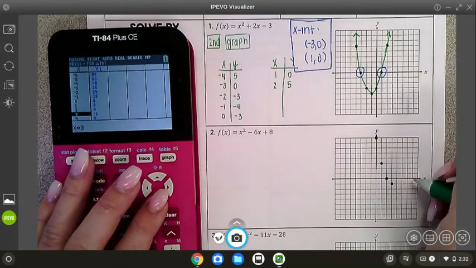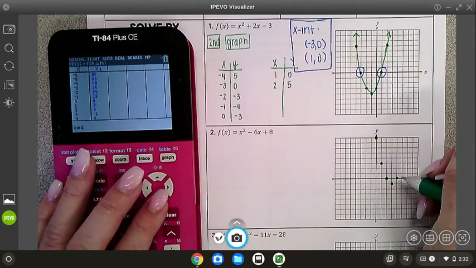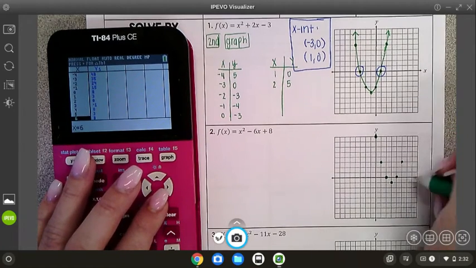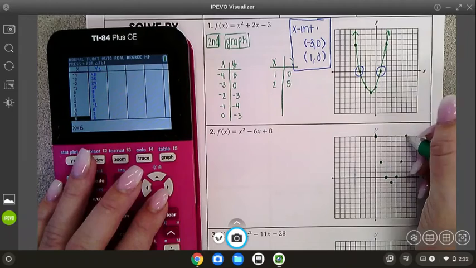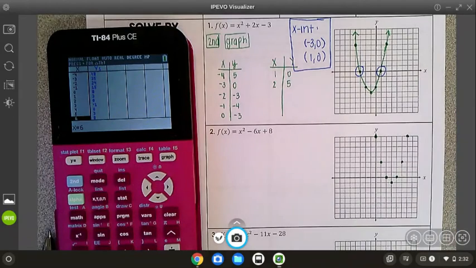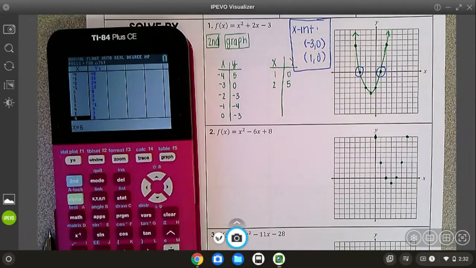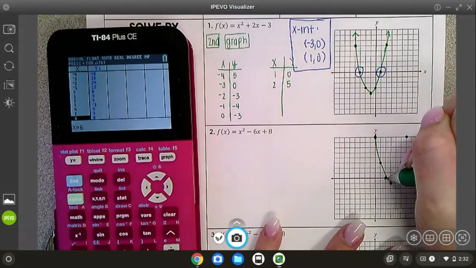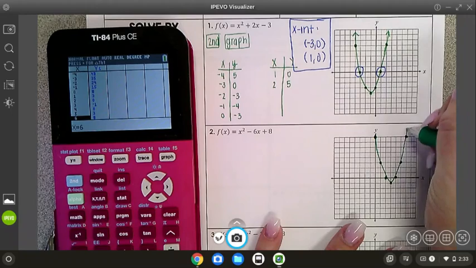Sorry about that. 1, 3; 2, 0; 3, -1; 4, 0; 5, 3; and 6, 8. So you want to put as many that will actually fit on your graph. Those are the only ones that would fit in the space that I had. Ooh, I did a really bad job there.